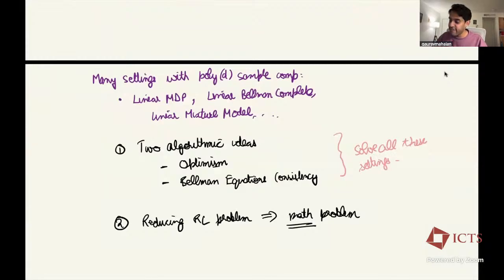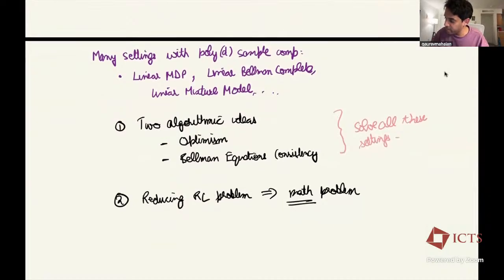So the plan for the rest of the time I have is I'm going to first talk about this math problem. And if you know how to solve it, all the other papers on understanding how linear MDPs or linear Bellman complete work will just be reducing that problem to this math problem, because you can use it to get sample efficiency in all these settings.